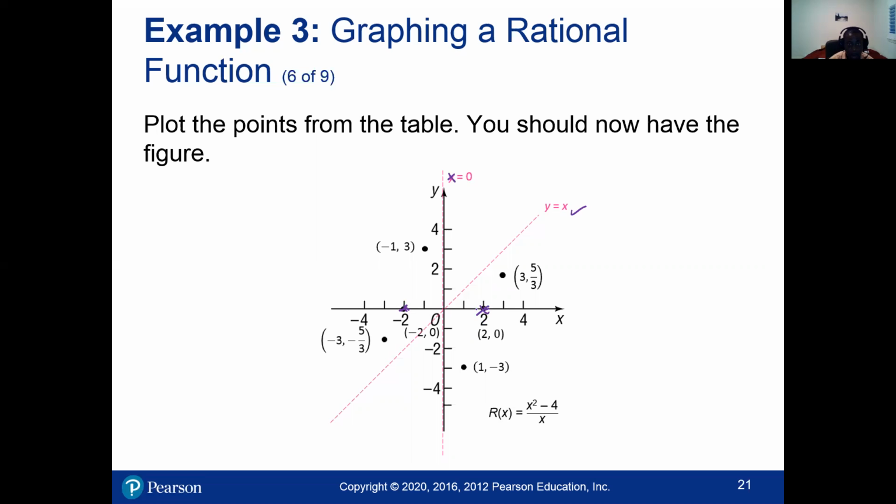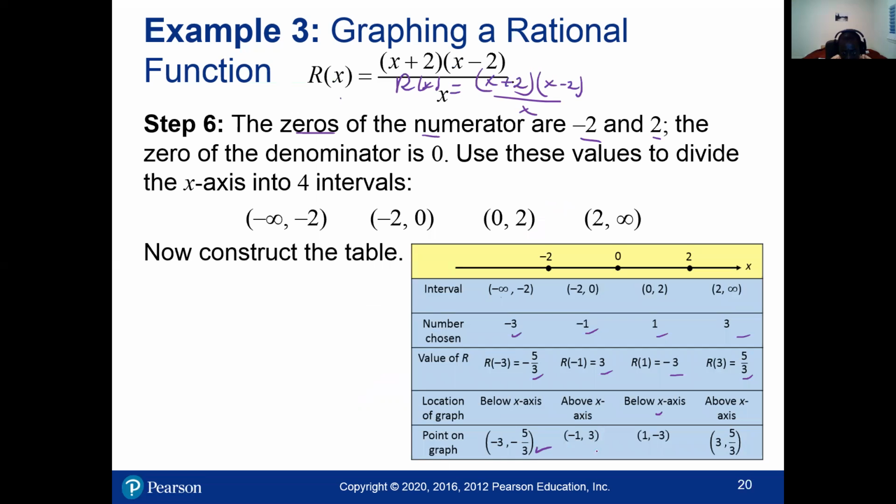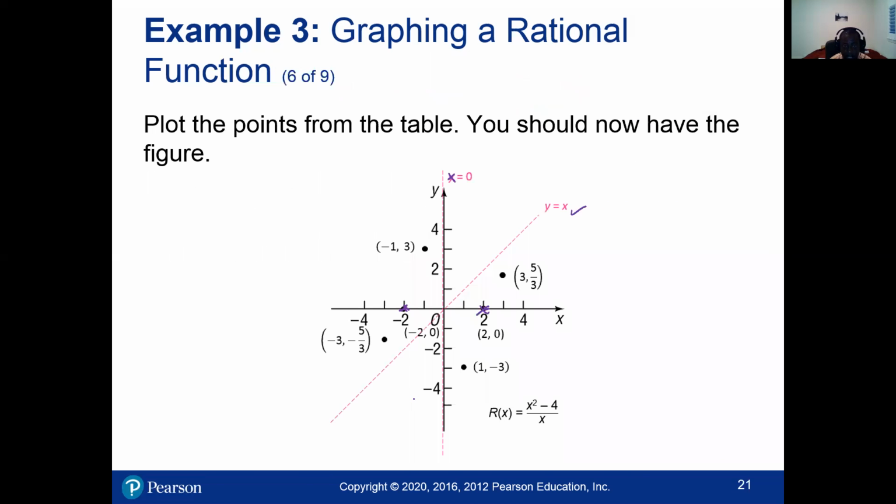And then the points that we just got in the previous slide, when we plot them, we have the following. Now, we also know that as we approach the vertical asymptote from the right, it goes to negative infinity.